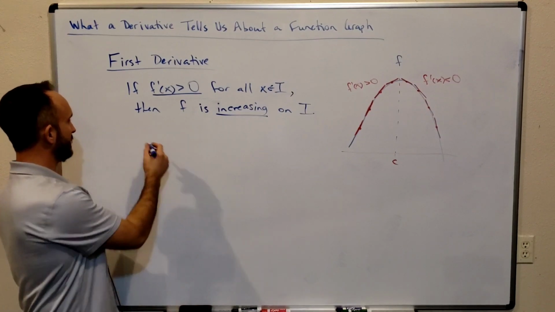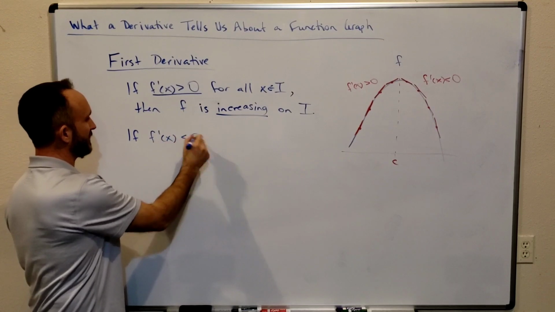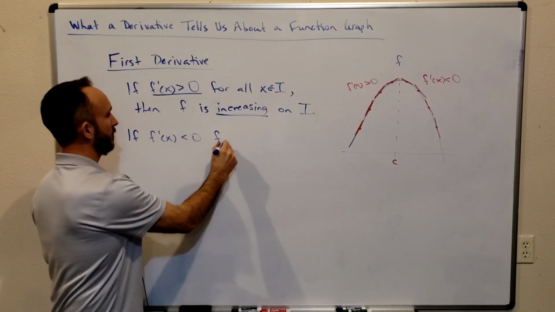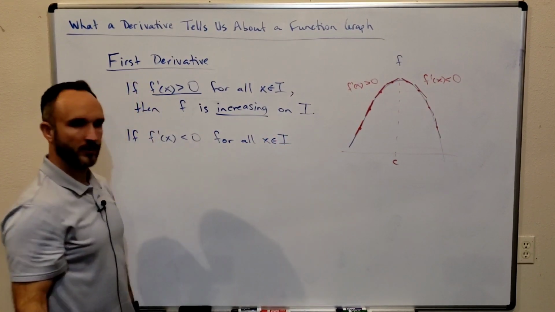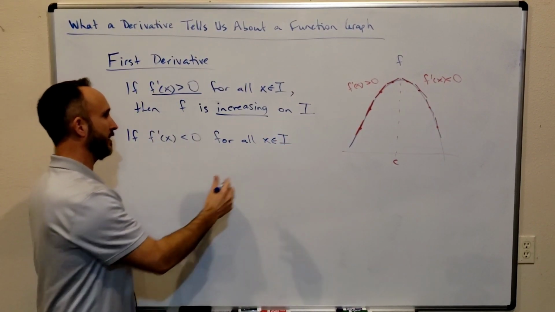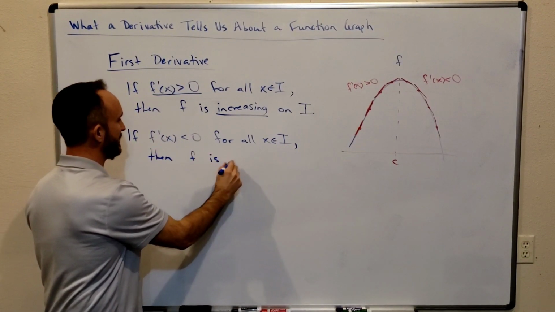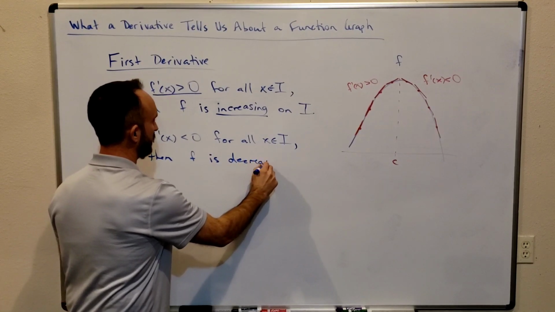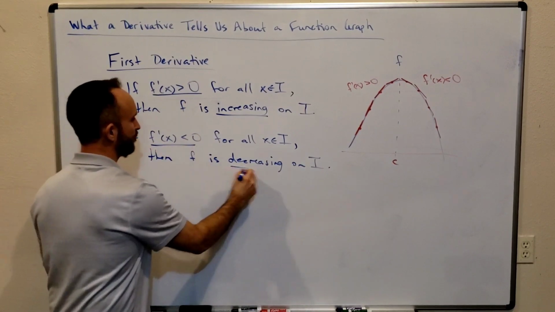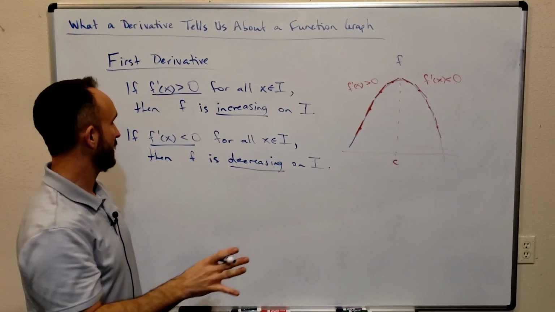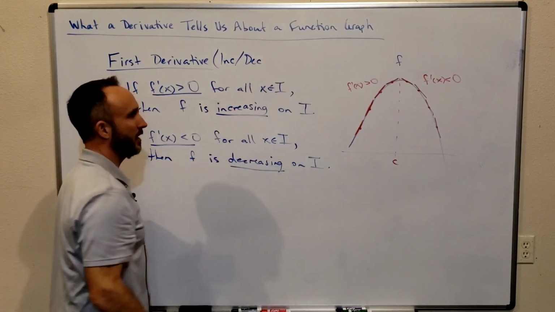And similarly, if the first derivative is negative, less than 0, for all x in some interval, then f is decreasing on that interval. Okay? So the first derivative tells us increasing and decreasing behavior of a function.